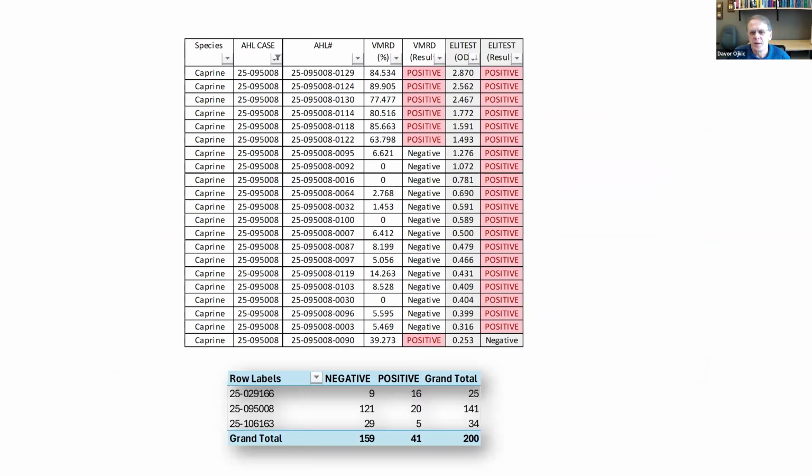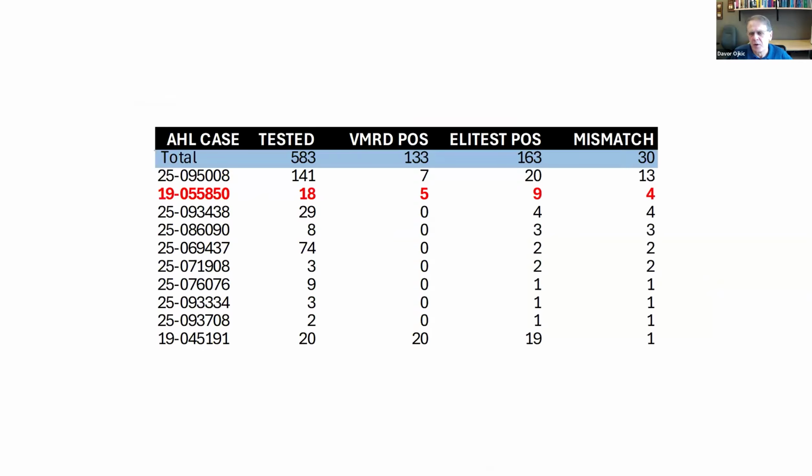And when I looked at the history, I found that this case had 2 submissions, one before and one after, and they all had a significant number of positive samples. And when I compared VMRD percentage of inhibition and ELITest OD values, it was clear that results matched really well with strong ELITest positives. And there was one exception: one weak reactor on VMRD, which was around borderline, across the cutoff for ELITest. So I kept on looking at other cases.